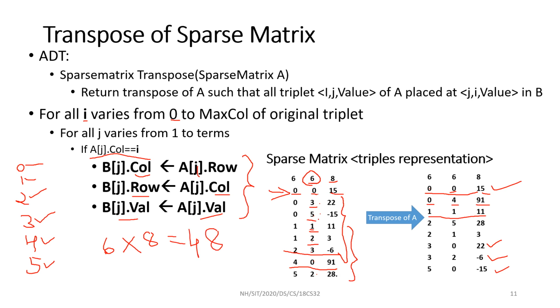Okay. So at the end now, actually how many rows are there? 8 rows. Successful is only 8. 48 minus 8. 40 iterations simply wasted.